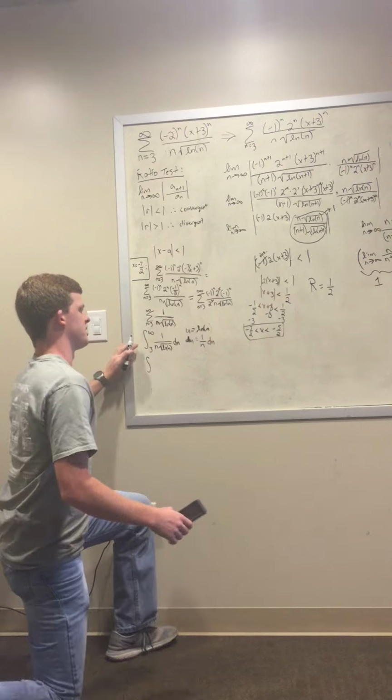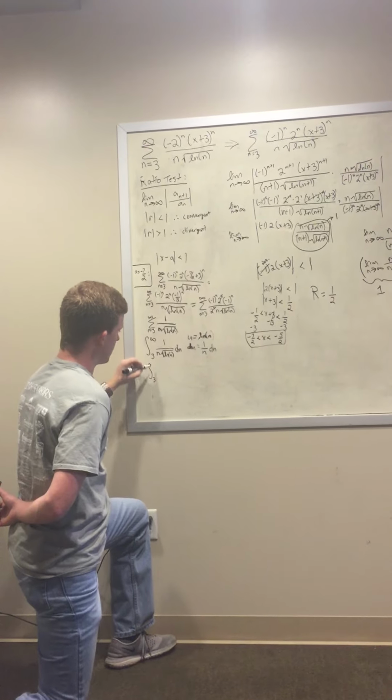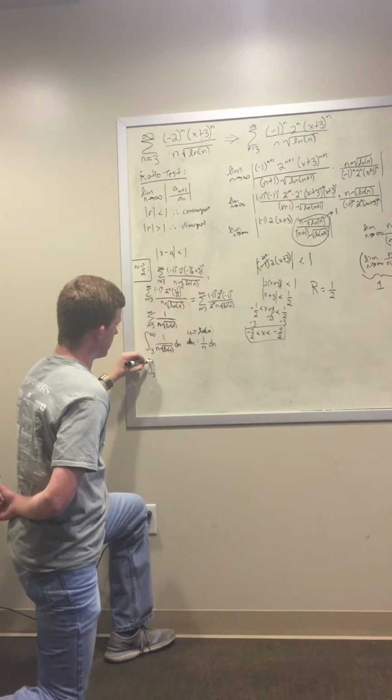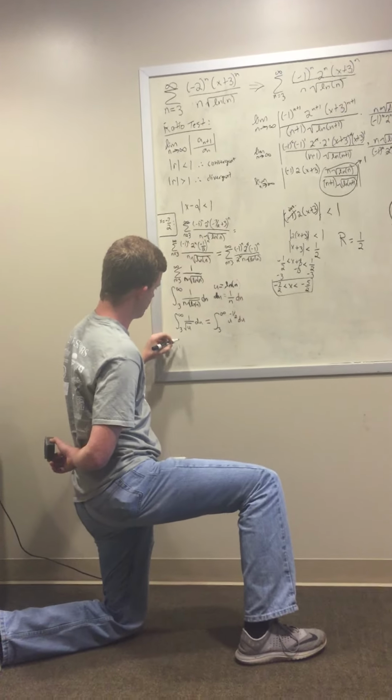And we're going to leave our bounds the same because we're going to end up plugging u back in. So we'll copy our bounds. 1 over n dn will plug straight in as our du. We'll be left with 1 over square root of u, plugging u in for ln of n. Bring that to the top, and integrate from there.